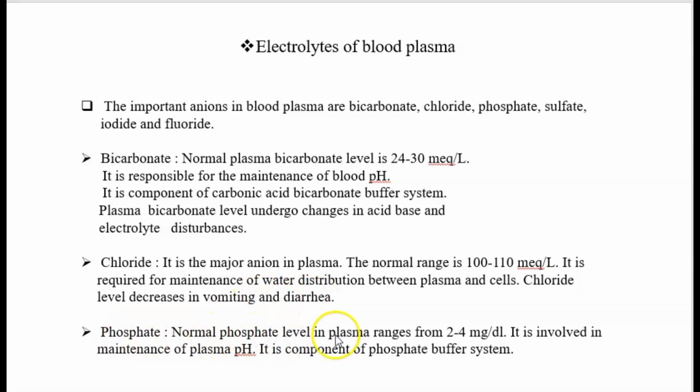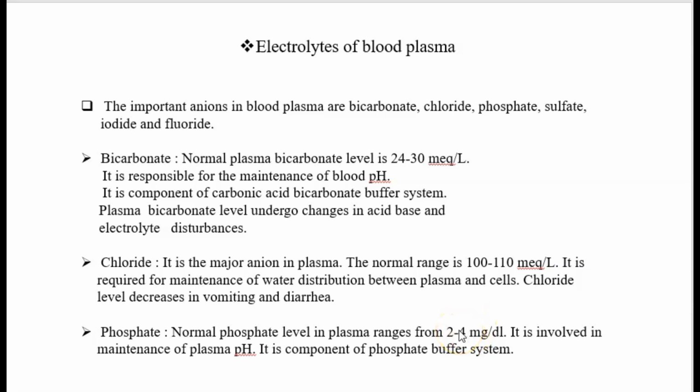Phosphate. The normal phosphate level in plasma ranges from 2 to 4. Why is it a lower range than all the others we have been seeing? Because we are talking about blood plasma. Phosphate is among the buffers in the cell. It's a buffer system that is in the cell.